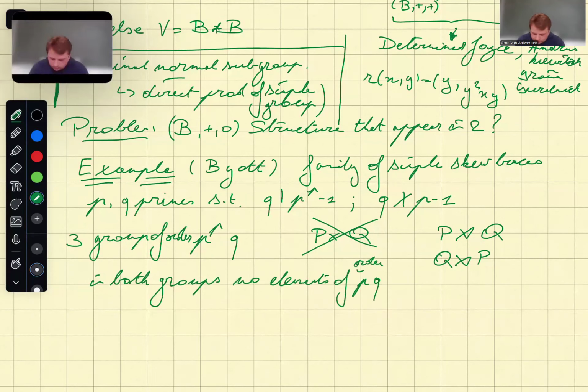In particular, if you were able to put a brace structure on this, which he showed, this will be simple. So this guy and this guy can have no, let's say, common normal subgroups. Of course, non-trivial.